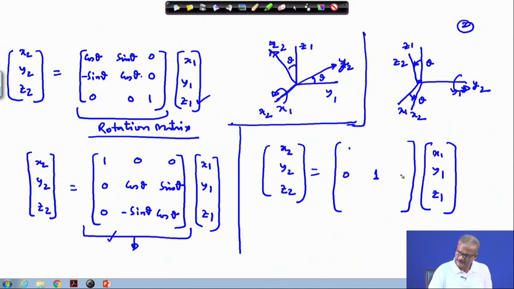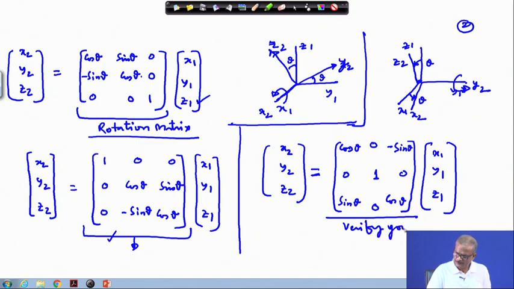So, the y axis remains unaltered. You can see here y 2 equals y 1 and the rest are cos theta. One change is here: minus sin theta will come in this place and sin theta will go here in this place. And this you verify yourself as an exercise.